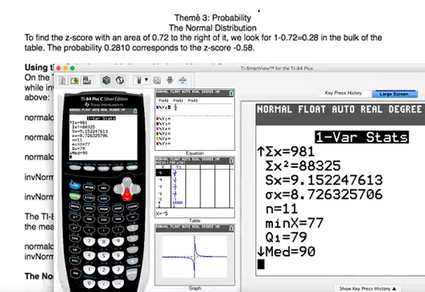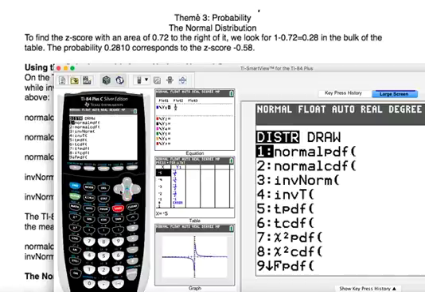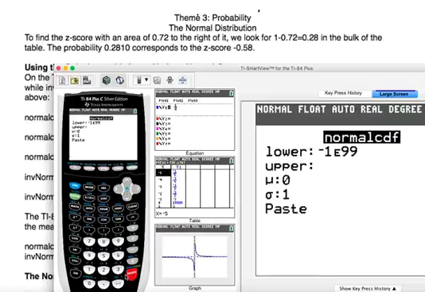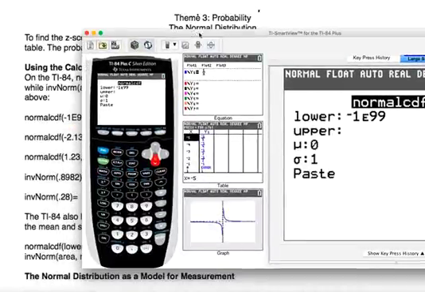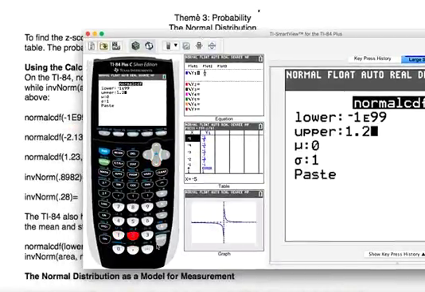If you did this on the calculator, you would do second vars, normal CDF, your lower at negative 1e99, your upper at 1.2, mu at 0, standard deviation at 1.